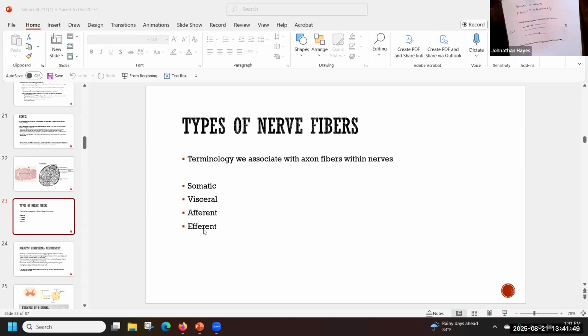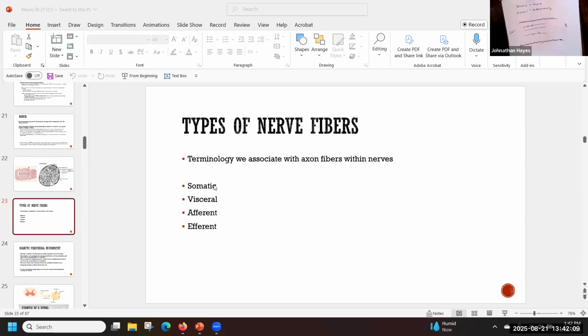The digestive system is going to receive visceral efferent fibers to speed it up or slow it down. So a lot of times the easiest ones to remember are the somatic afferent and the somatic efferent, and if it's not part of that group, it's visceral afferent or visceral efferent.